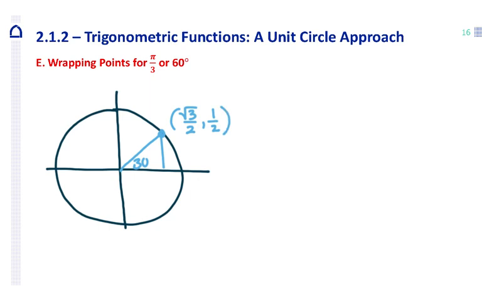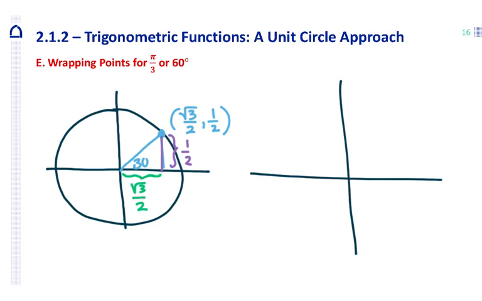So if I were to label that, this distance is square root of 3 over 2, and the distance opposite the 30-degree angle is 1/2. Now that's going to be helpful for us when we want to know about a 60-degree angle in standard position, how it intersects the unit circle.